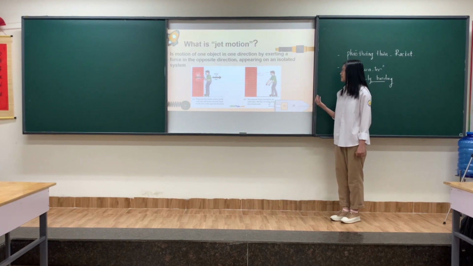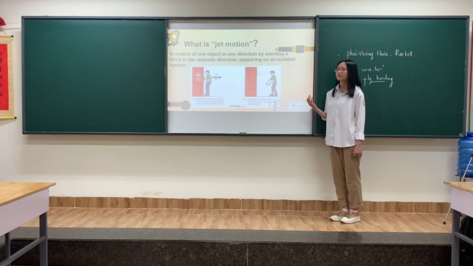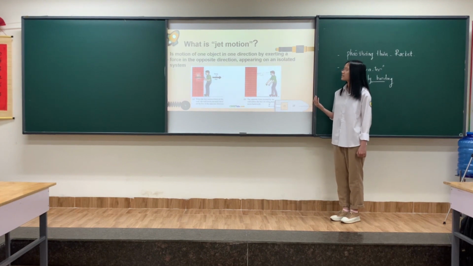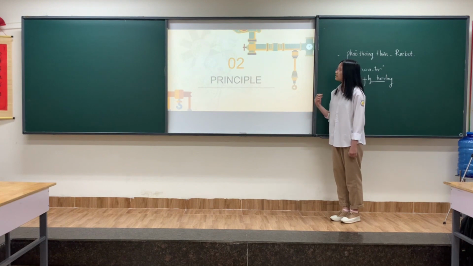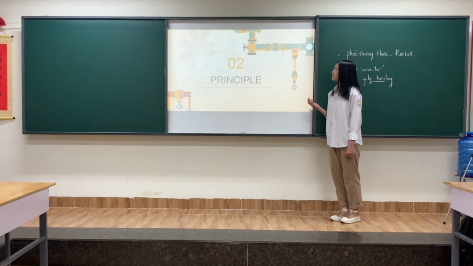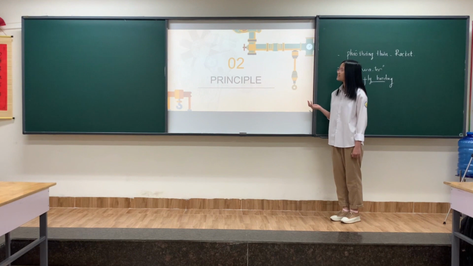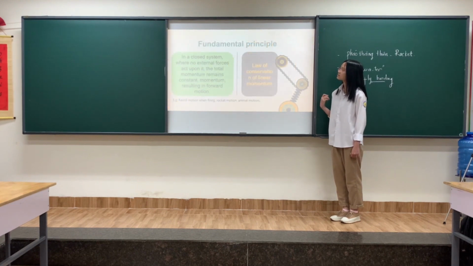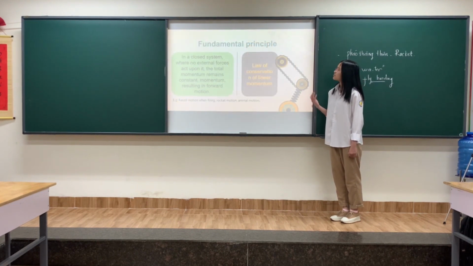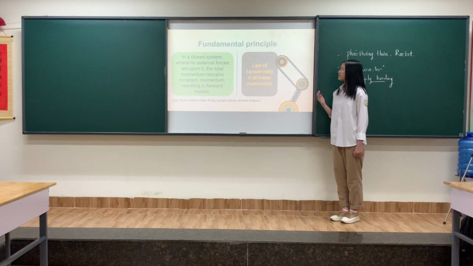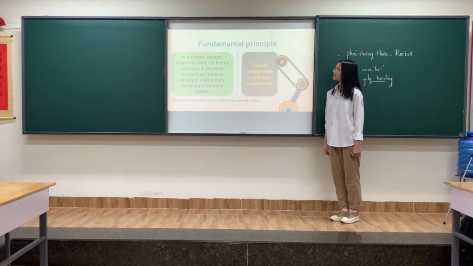The opposite force exerted by the wall makes the person on the roller skates move backward. Next is the principle. This principle is based on the law of conservation of linear momentum.